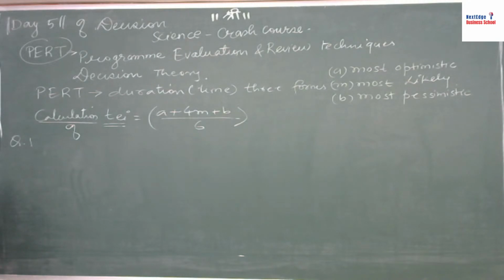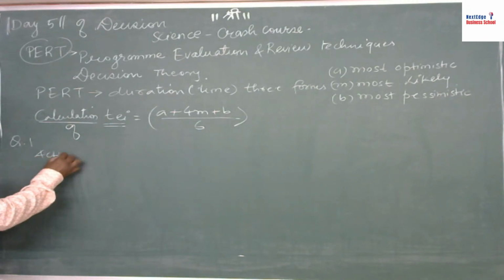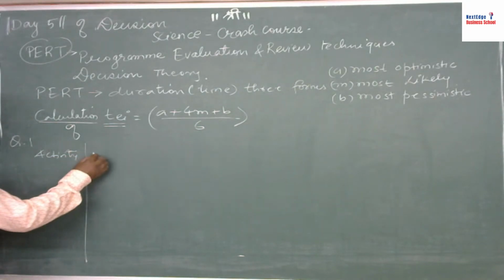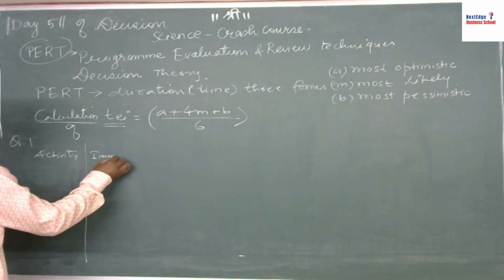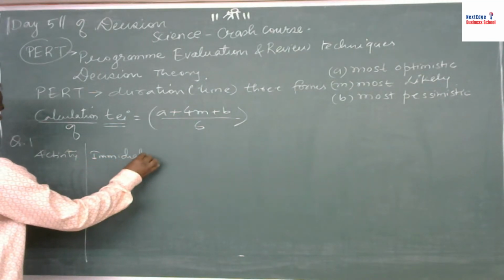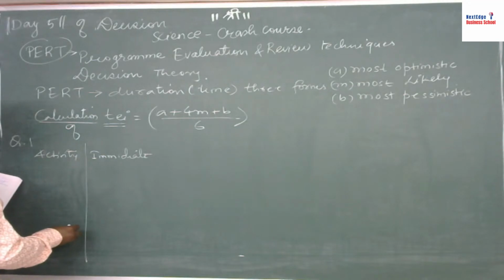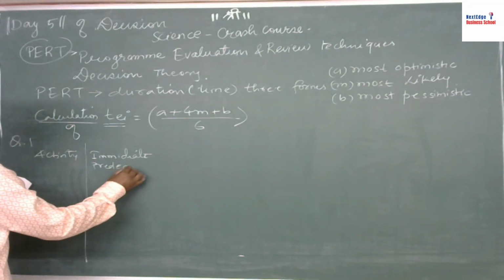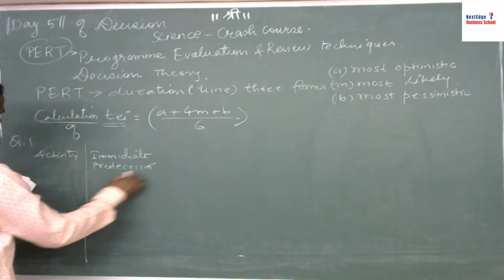They have given one table, so I'm just drawing the table here. First column is activity. Second is your immediate predecessor activity.